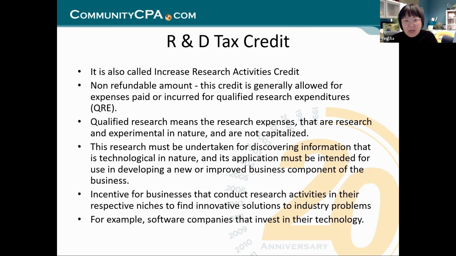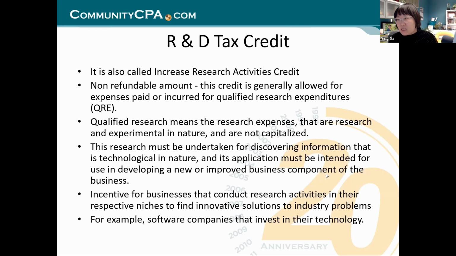So let's say you have $100 of expenses, then your tax credit is a percentage of that $100. Let's say $5. That $5 is a tax credit, not a tax deduction. Got it? Right?